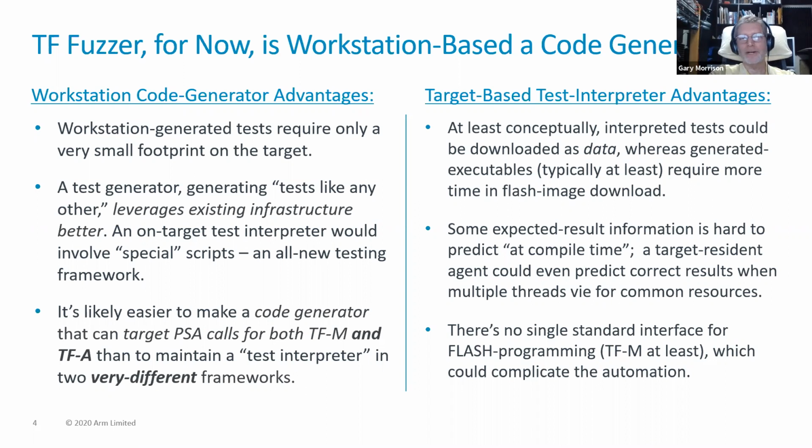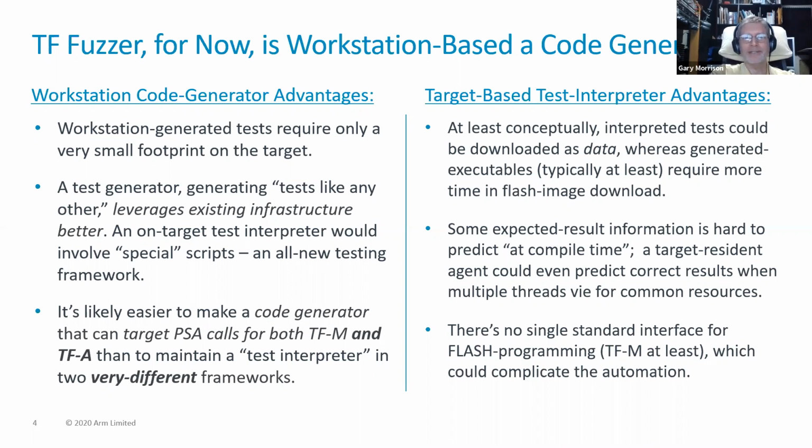The main reason why I postponed, or at a minimum gave up on, putting anything in the target is because TFM targets tend to be extremely limited in terms of RAM and compute power. So if you put any smarts on the target, you're probably going to run out of smarts and space in a TFM target.